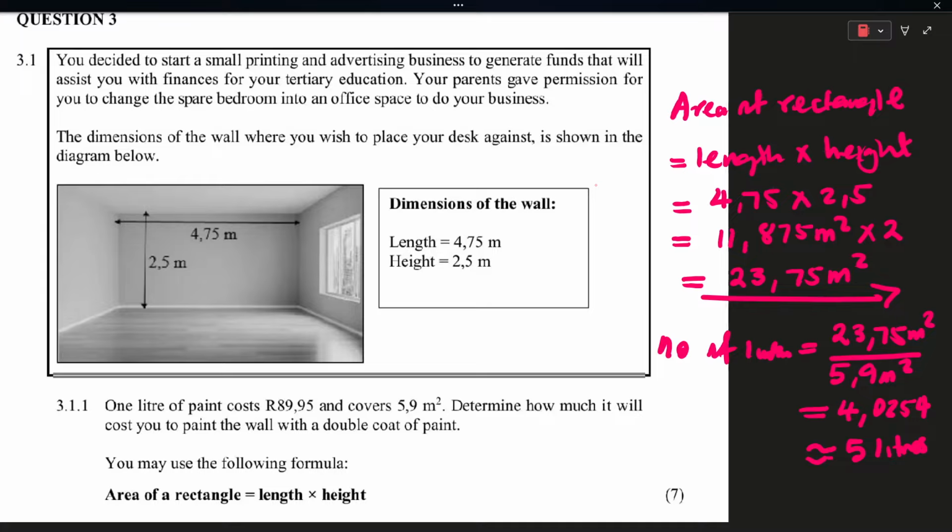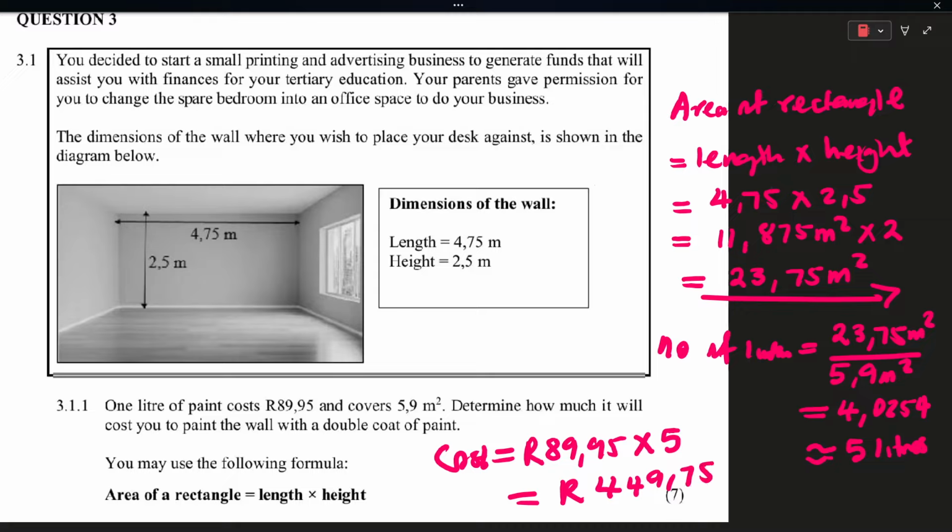Now with your 5 liters, now we can calculate the cost. All right, let's go to the cost. How much? It's 18.95 multiplied by 5 liters. Okay, then what are we going to get? How much will it cost? Let's press our calculators. It's 94.75.